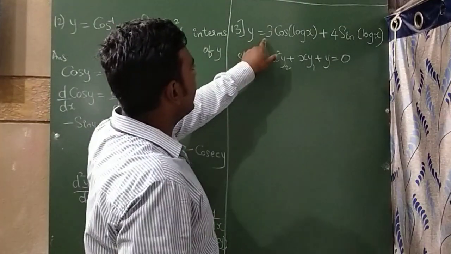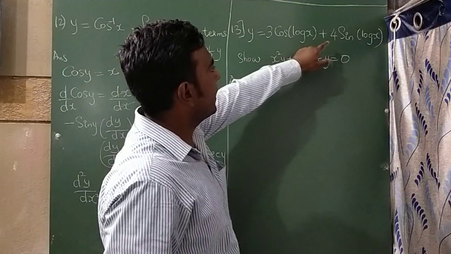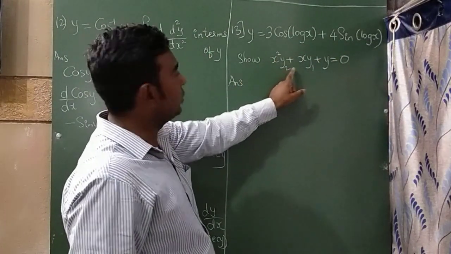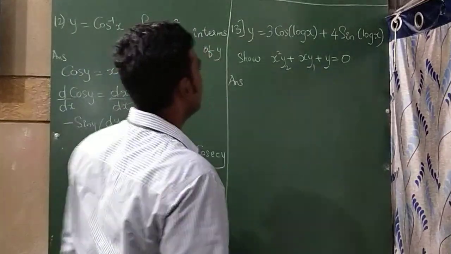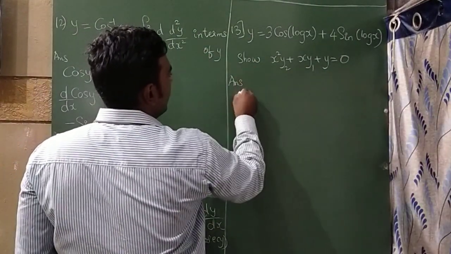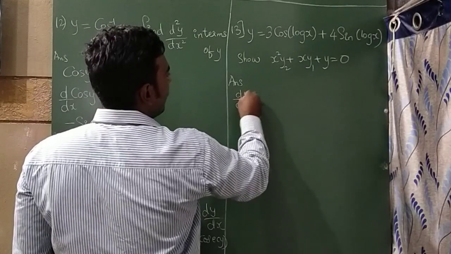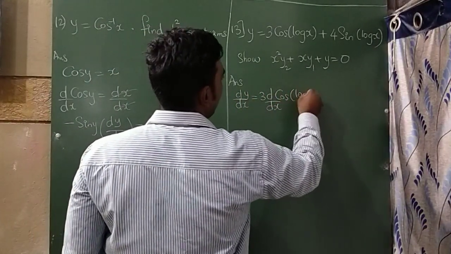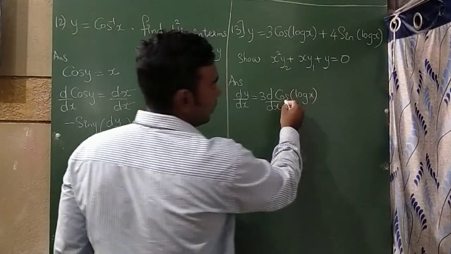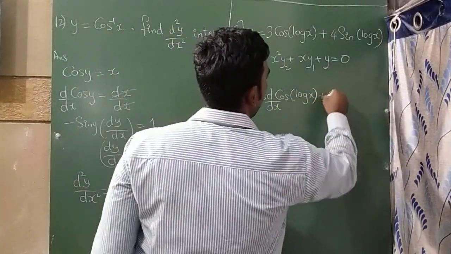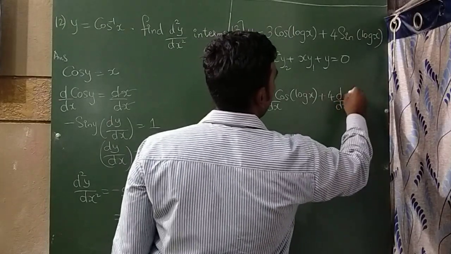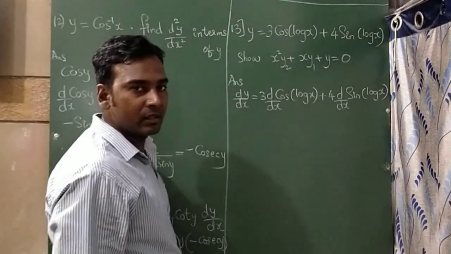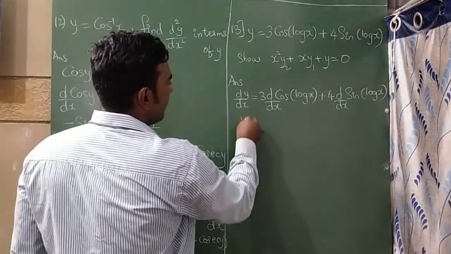So it is y is equal to 3 cos log x plus 4 sin log x. So I need to show that x square y2 plus x y1 plus y is equal to 0. So d by dx of y is equal to 3 d by dx of cos log x plus 4 d by dx of sin log x. Okay, dy by dx can be written as y1.